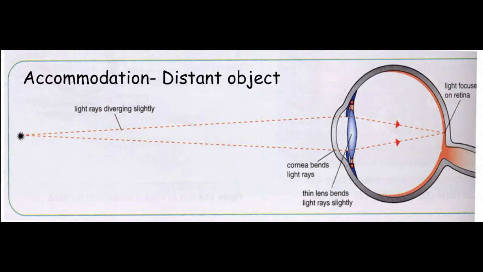Let's look at accommodation of light from a distant object. Rays of light from a distant object are almost parallel. This means that they do not require much refraction. A weak lens is needed. A thin lens needs to be produced.